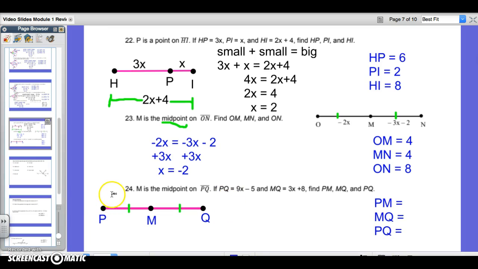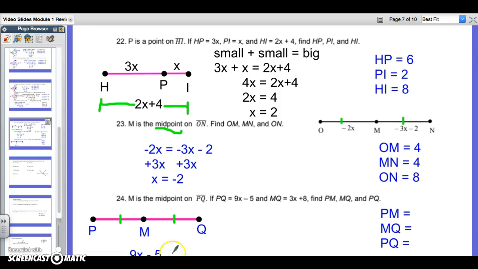So now I'm going to label each part. Now it says PQ all the way across, I'm going to mark it down here, is 9x minus 5. So that's the entire thing. Okay, 9x minus 5.